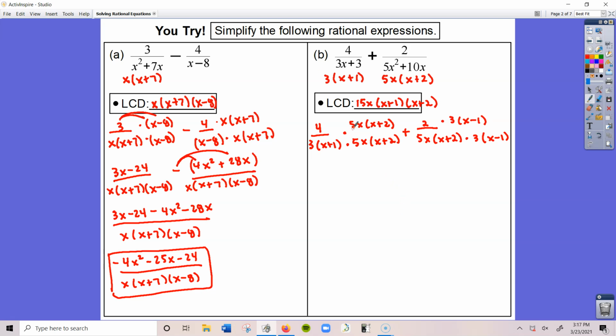Now we distribute everything from the numerator. So 4 times 5x is 20x times x plus 2. And I'll continue multiplying this in a bit. All over 3 times 5x, so this will all be over the least common denominator. So let me just fix that.